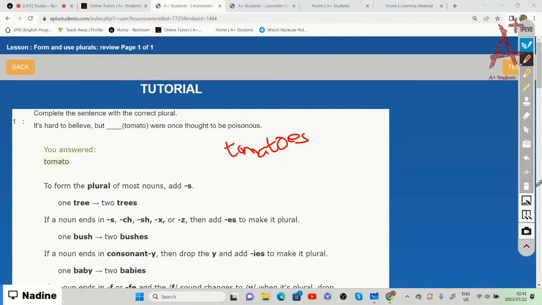Let me write it nicely. Tomato, tomatoes.